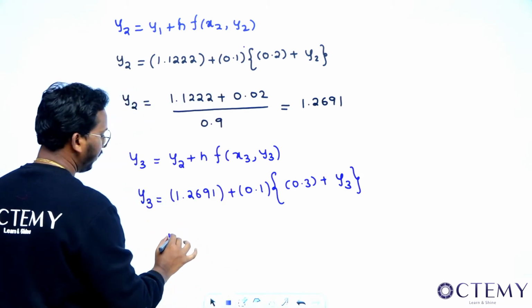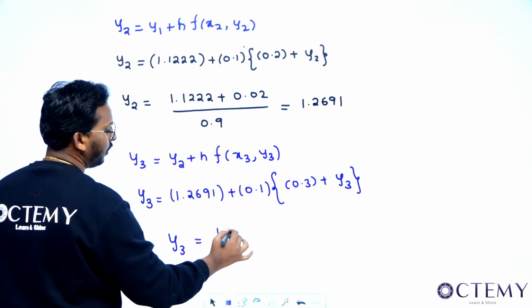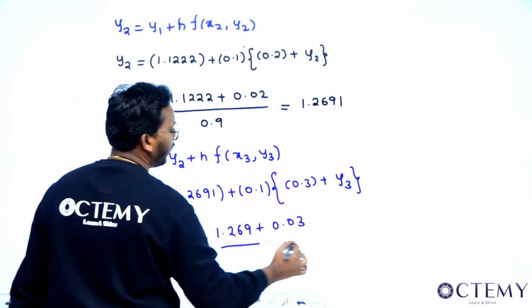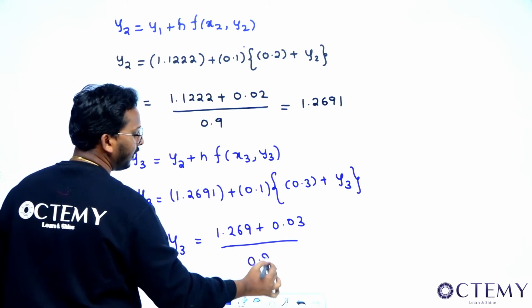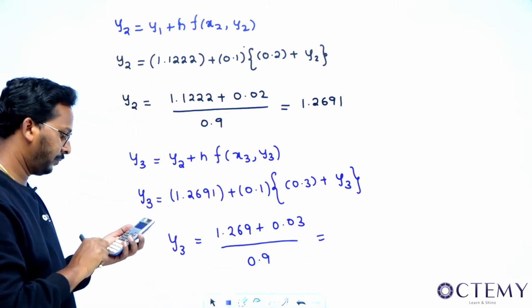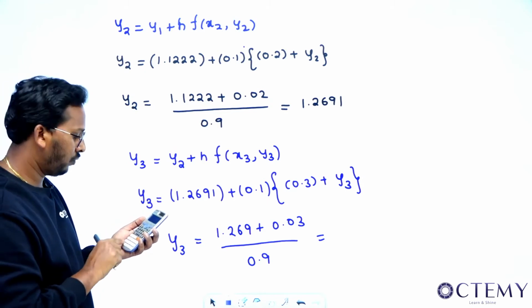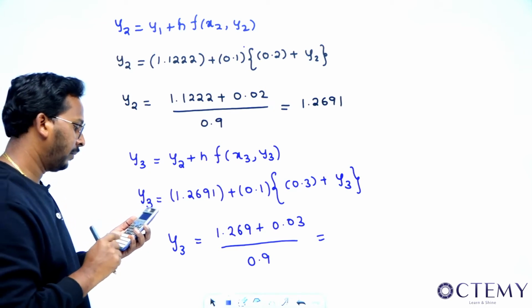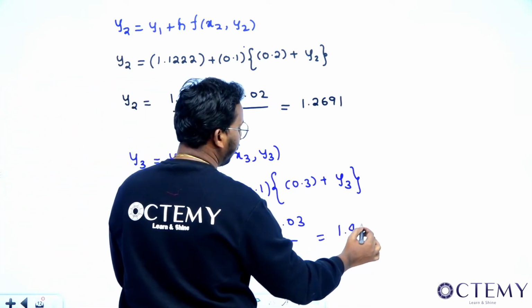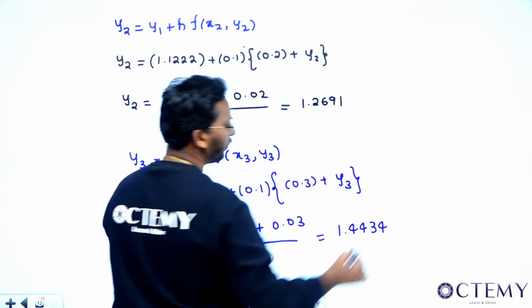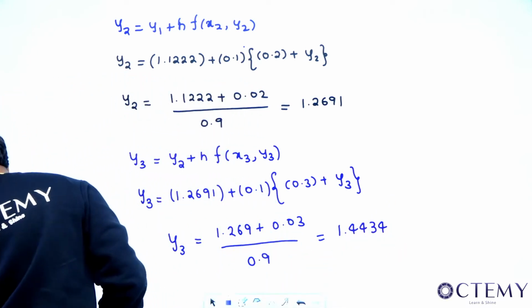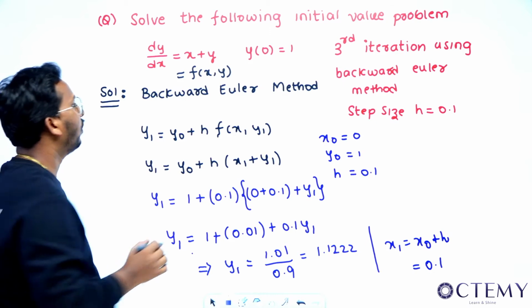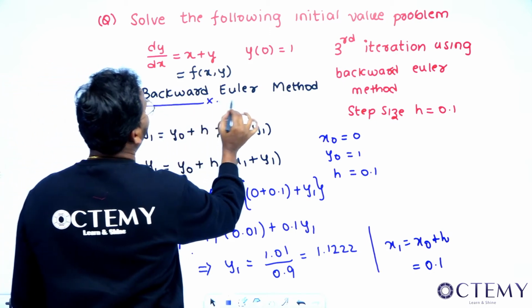So from here y3 will become 1.2691 plus 0.03 divided by 0.9, because when this comes this side it will become 0.9. That should be about 1.443, right? So this is the answer, sir, till third iteration. This is how you apply your Euler's backward method.